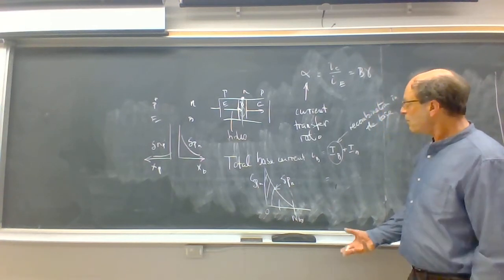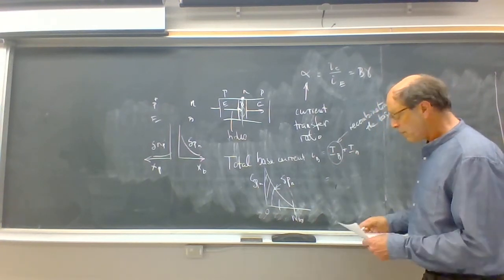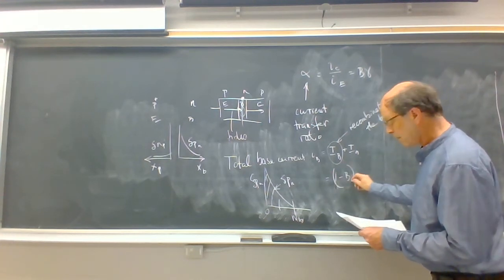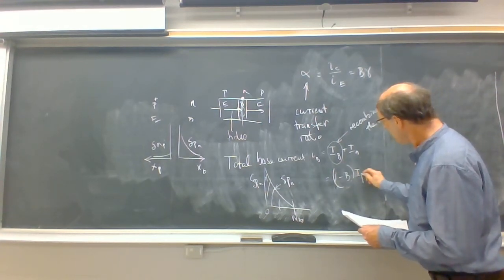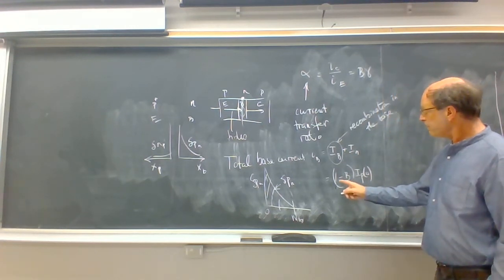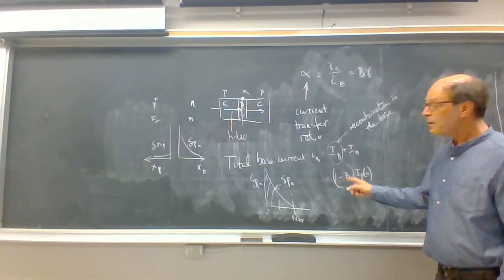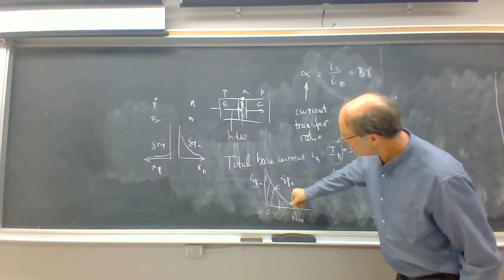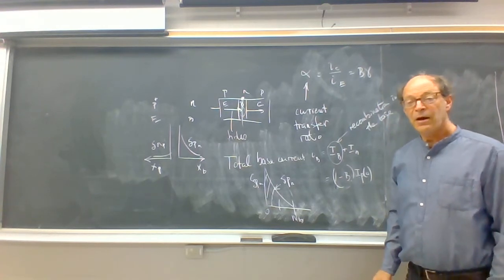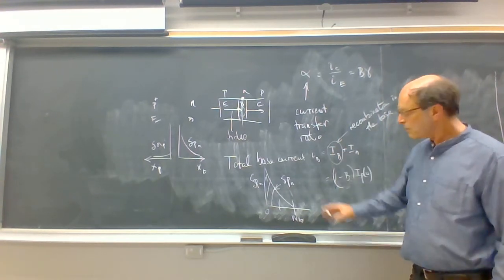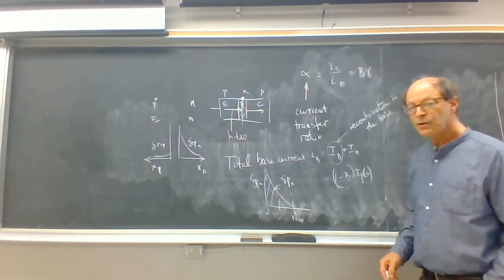And that loss of carriers can be expressed as 1 minus B times IP of 0. In other words, this is IP of 0 minus IP of WB. So it's the current flowing in minus the current flowing out.